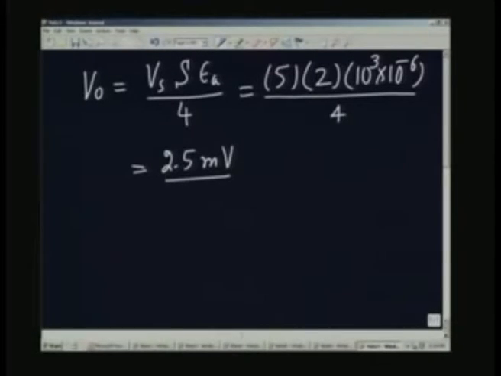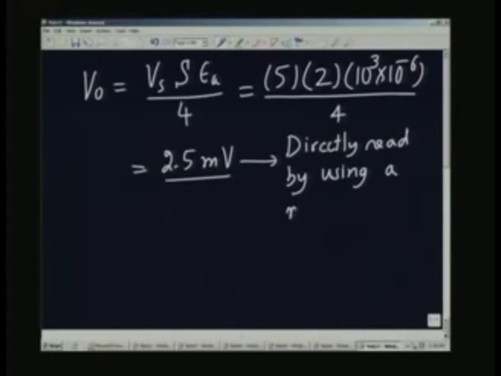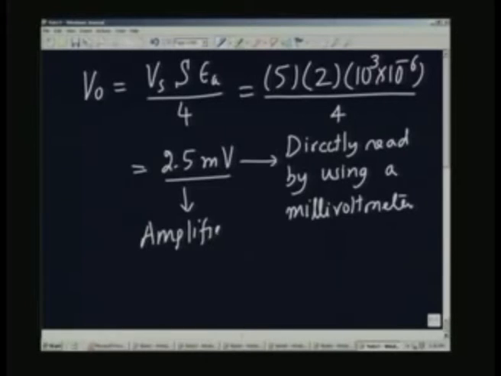So, this is either directly read by a millivolt meter, if you have access to a millivoltmeter, or we can use an amplifier of a suitable gain.